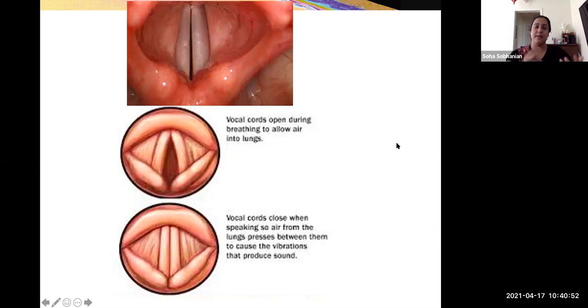So that's one concept we talked about: what is the position of the glottis, or vocal cords, when you're breathing or when you are speaking?